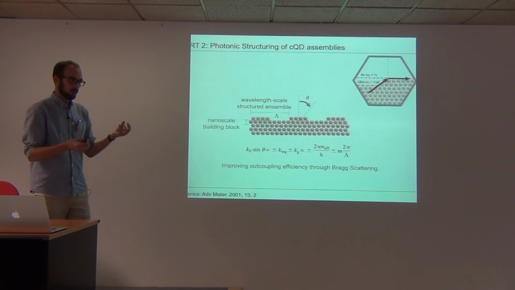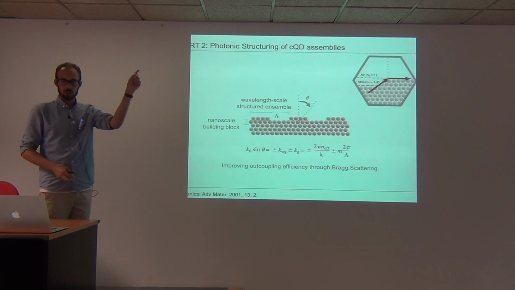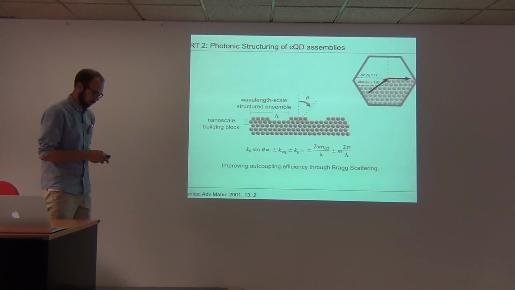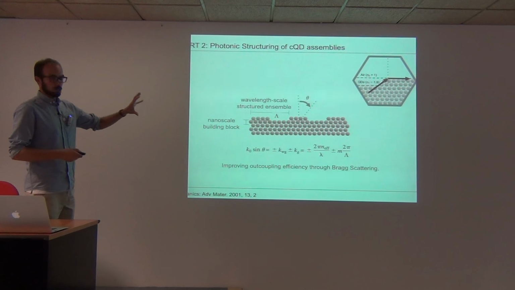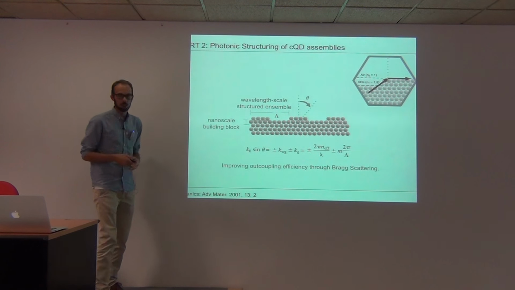For a specific color of light, you can change the pitch to get a specific direction of outcoupling. This is just creating constructive interference. So this was the idea on paper, but then the question becomes, how do you actually create these kinds of structures?